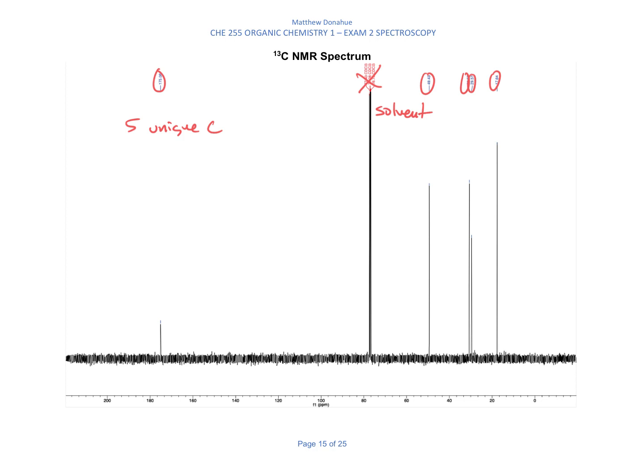We have this signal here. That is due to the sp2 hybridized carbon of the amide. Then you have 1, 2, 3, 4. So 1 sp2, 4 sp3.